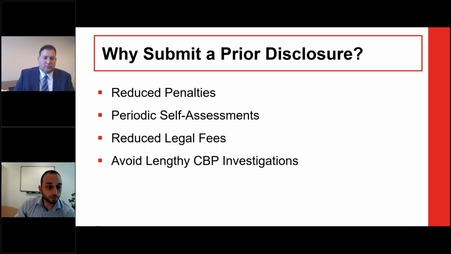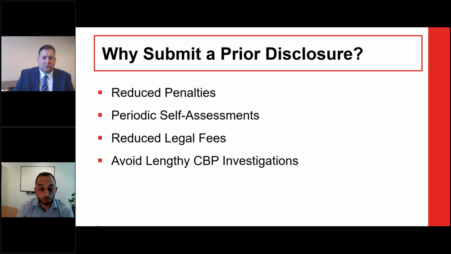Okay, all right. So yeah, why submit a prior disclosure? As I mentioned, it provides a great benefit in the sense of reduced penalties, and in some cases parties save millions of dollars in potential penalties by simply submitting a valid prior disclosure.